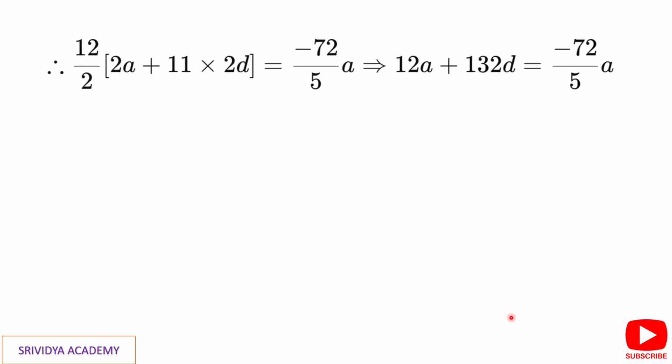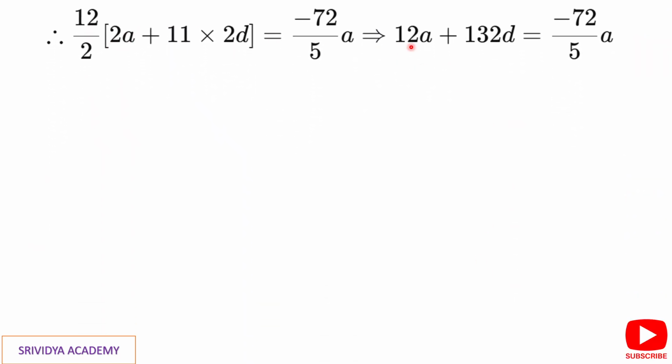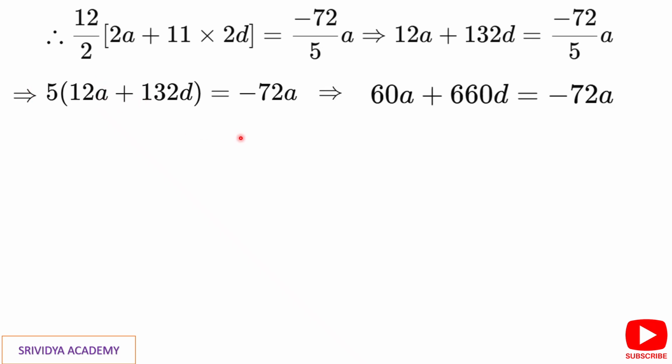Now let us simplify this further. Let us multiply the whole equation by 5 so that the 5 in the denominator of the right hand side will be eliminated. That implies 5 into (12a plus 132d) is equal to -72a. So multiplying the terms inside the bracket by 5, we get 60a plus 660d is equal to -72a.